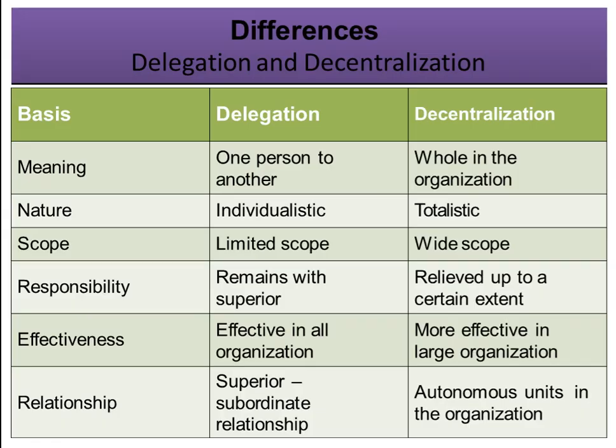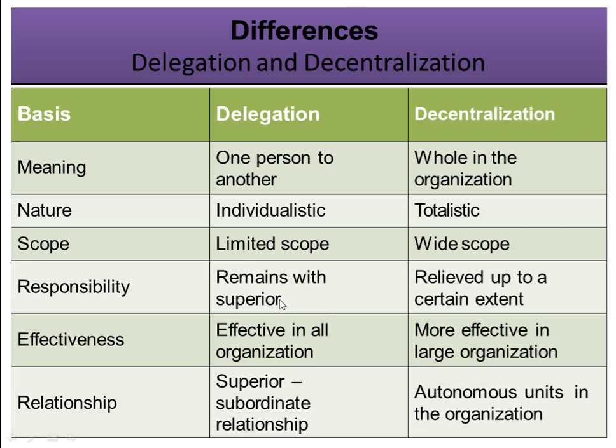So, the difference between delegation and decentralization. Delegation is from one person to another person: I am getting some work and giving it to my subordinates. Decentralization means the whole organization itself divides the work and gives it to the people. So the nature of delegation is individualistic, while decentralization is totalistic. The scope is limited in delegation and wide in decentralization.